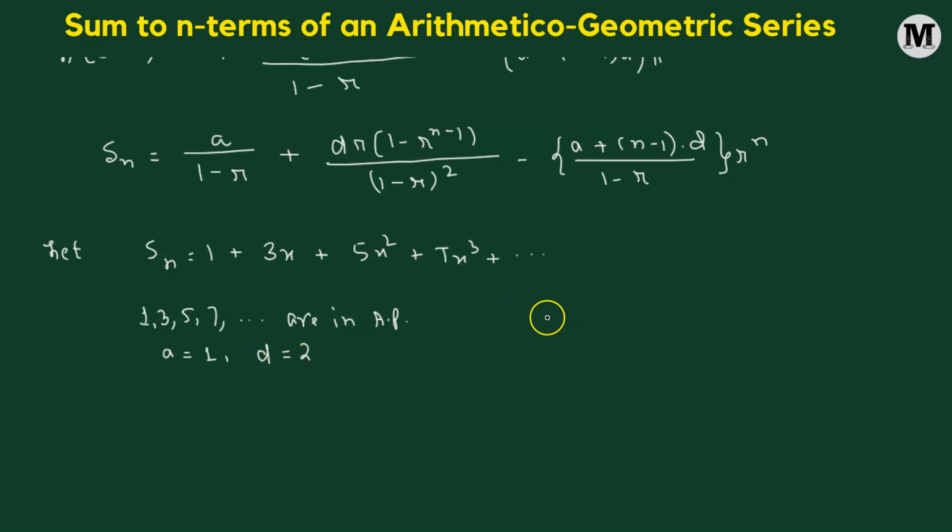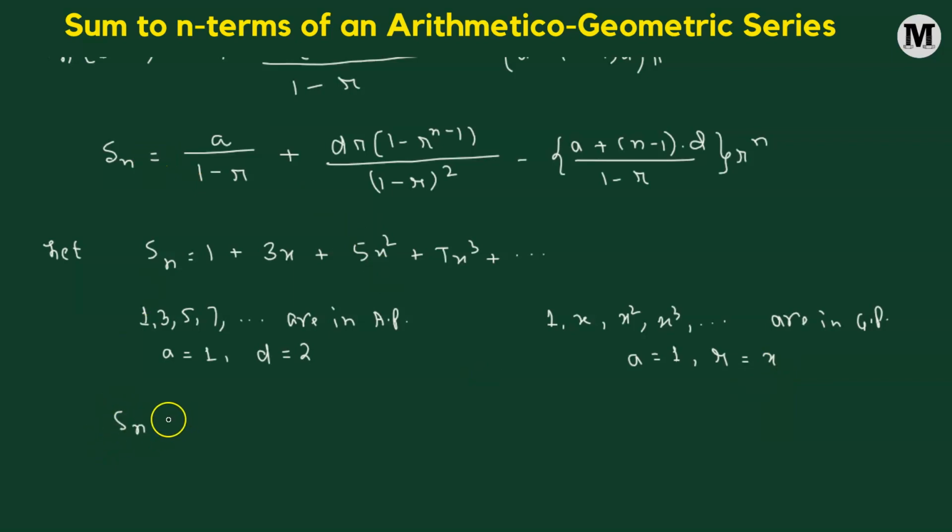Okay, fine. For the geometric sequence, we consider the first term to be 1, the same as in the arithmetic progression. Then we consider the variables x, x squared, x cubed, all the way up to the last term. So these terms are in geometric progression, whose first term a is 1 and common ratio r is x. We can substitute all of these values into Sn.